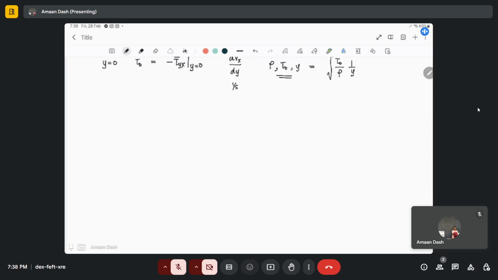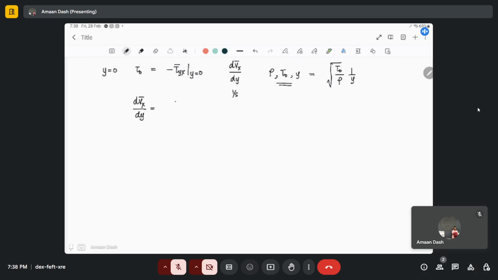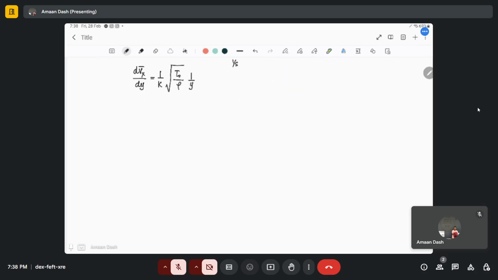And therefore, we can write d vx bar by dy as related to square root of tau 0 by rho times 1 by y, but there will be some constant, let it be 1 by k, and this k is a dimensionless constant.